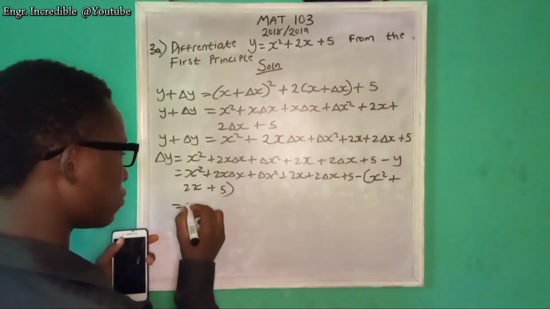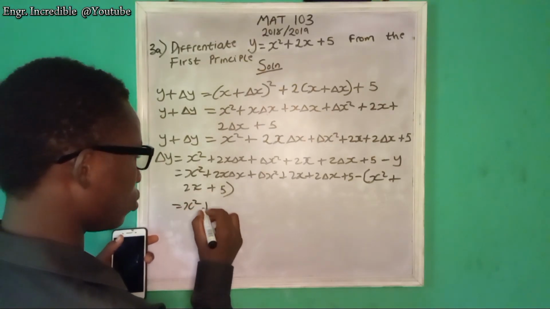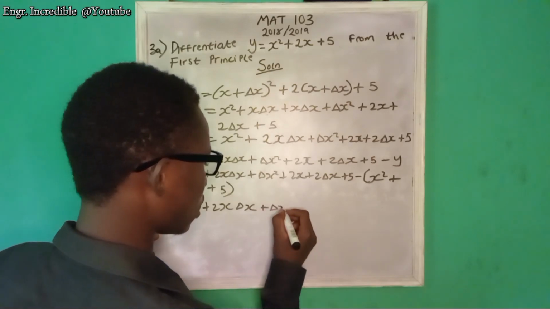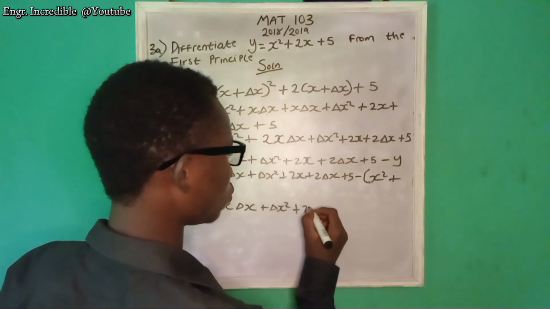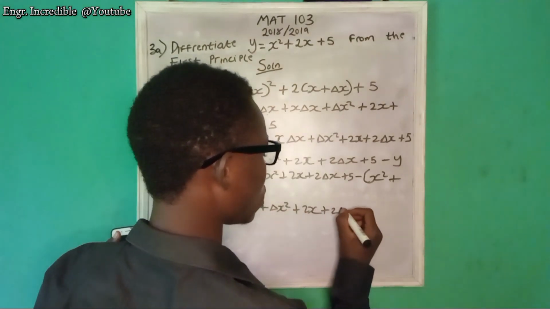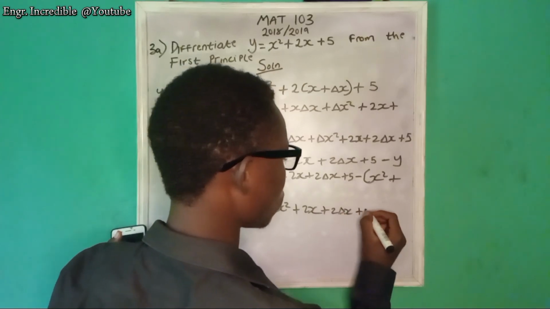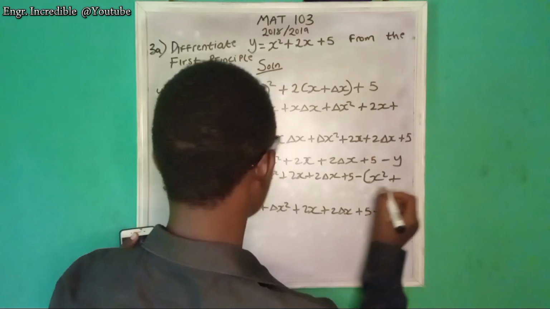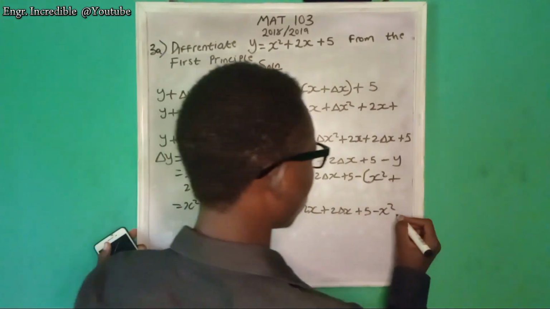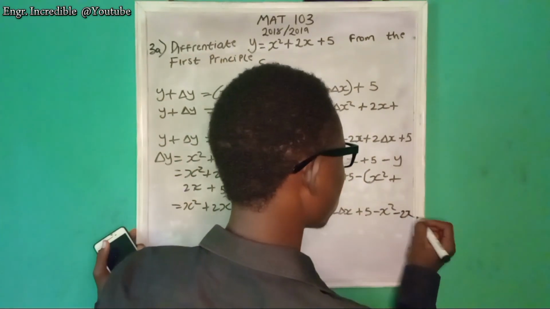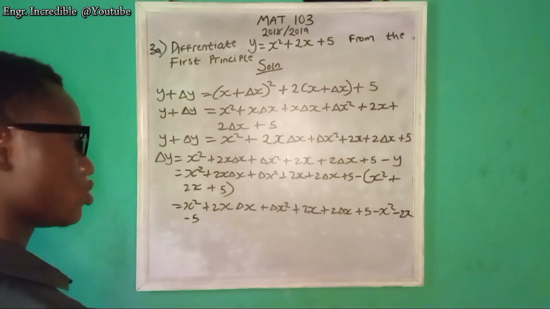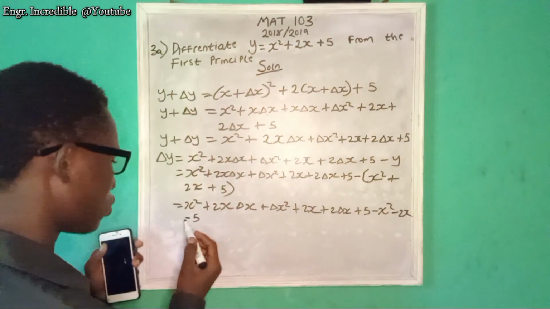So opening the bracket, we have x squared plus 2x delta x plus delta x squared plus 2x plus 2 delta x plus 5, then minus, opening the bracket, we have minus x squared, minus times plus 2x, we have minus 2x, then minus times plus 5, we have minus 5. So here we have plus 5 and minus 5.